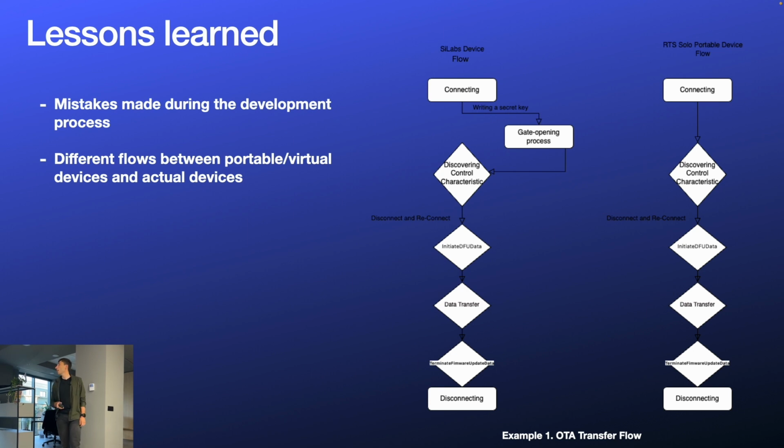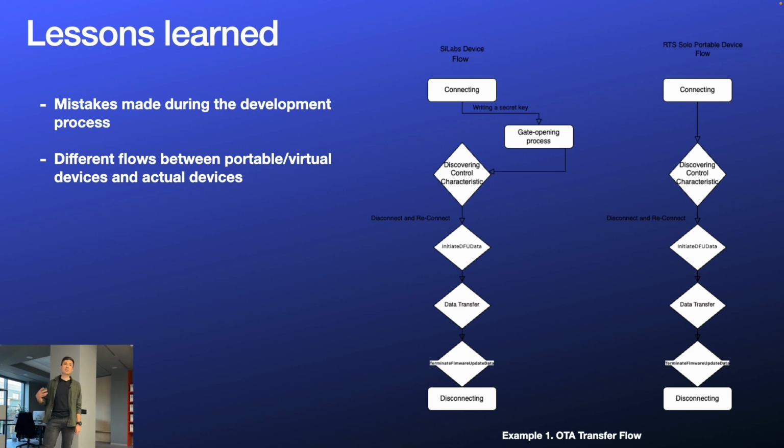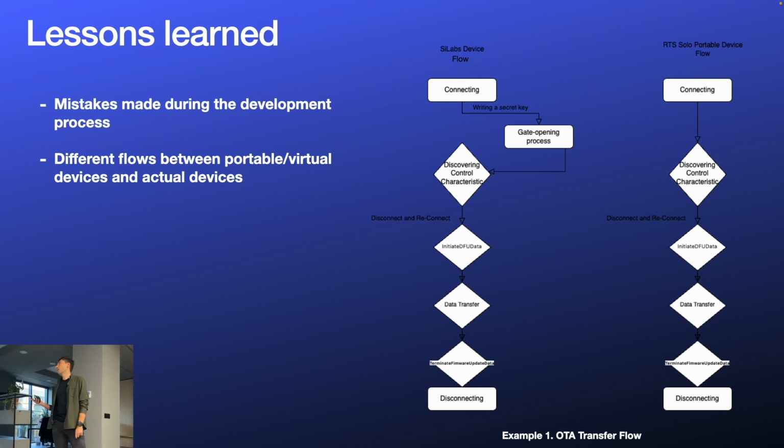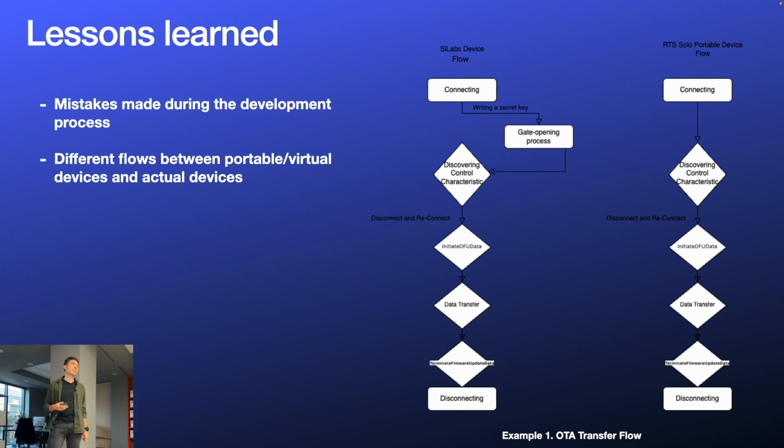On the RTS Solo, connecting to the device is straightforward, but on the Silicon Labs device, we have just 20 seconds when connecting to write the secret key to the device. And if the secret key is not written to the device, then everything after that will fail, because the gates on the device are closed.